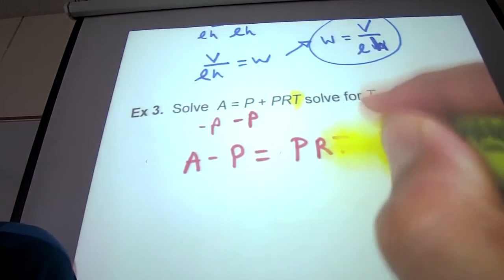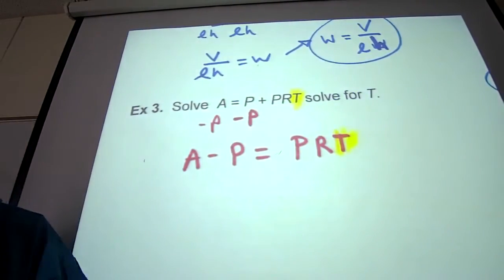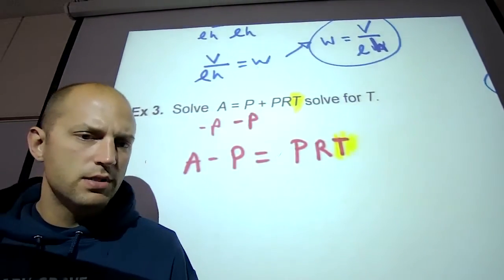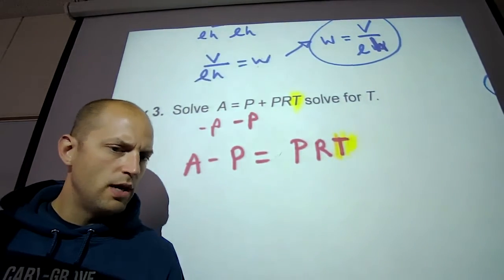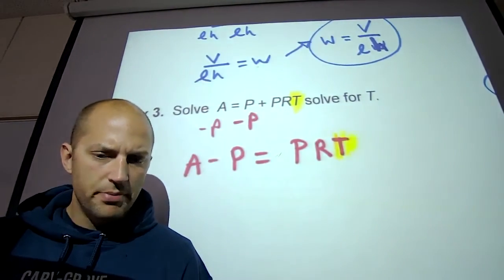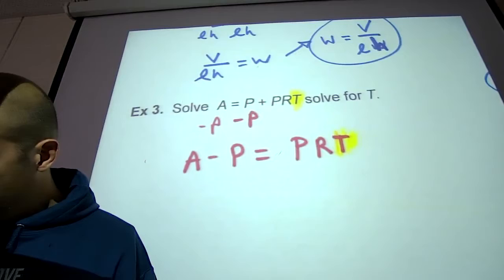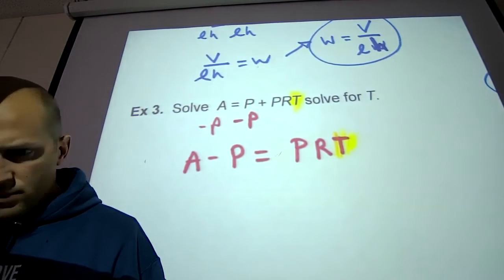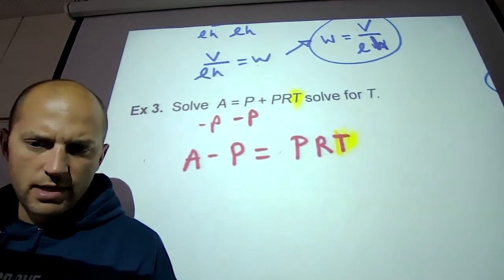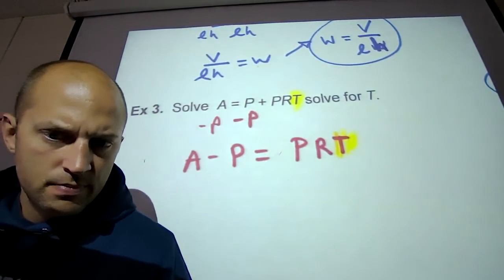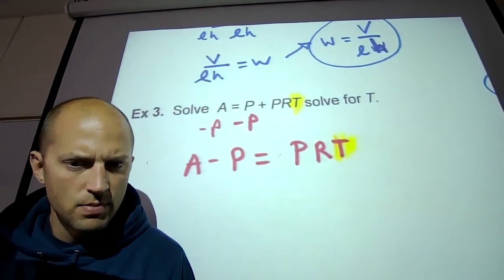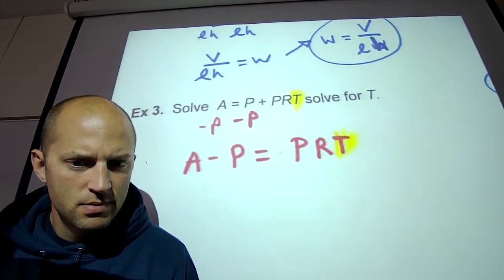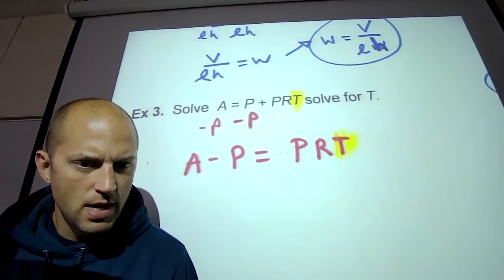Now again, we're trying to get that T by itself, and we have this P and this R multiplied to it. So we undo the multiplication. What's undoing multiplication? Opposite of multiplication, we all know is, or maybe you don't all know. What do we got?